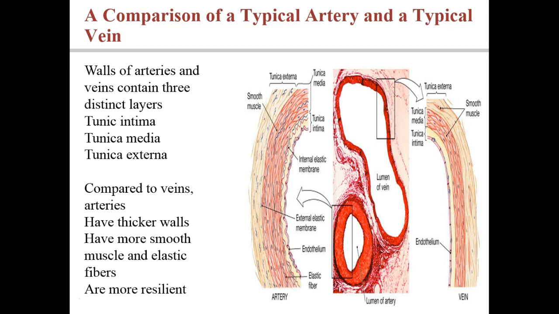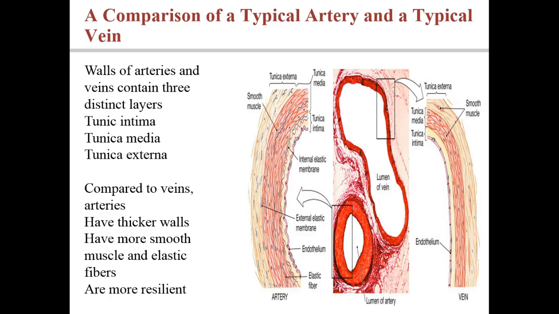It includes endothelial lining, endothelial cells, and a connective tissue layer. There's also an elastic membrane there, that internal elastic membrane that allows that vessel to stretch. So it allows for a little bit of stretch based on the amount of pressure and volume that's going through that particular vessel at that time.